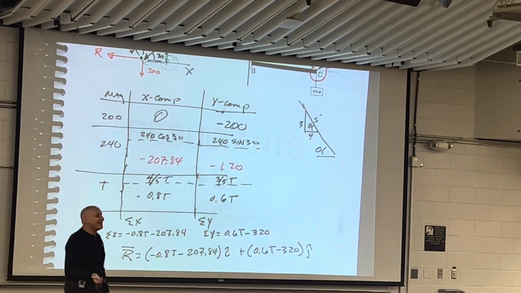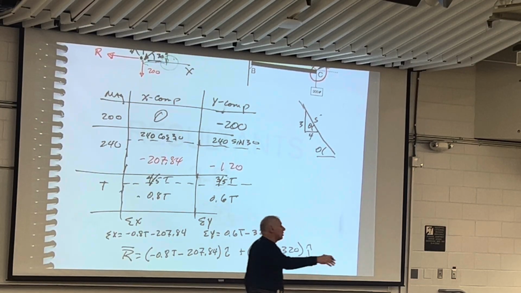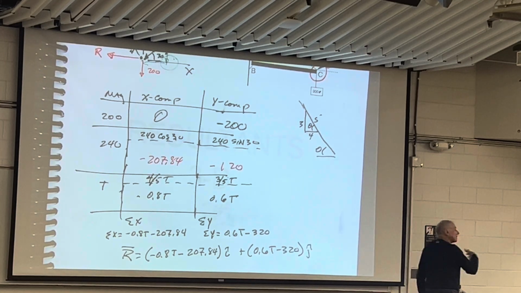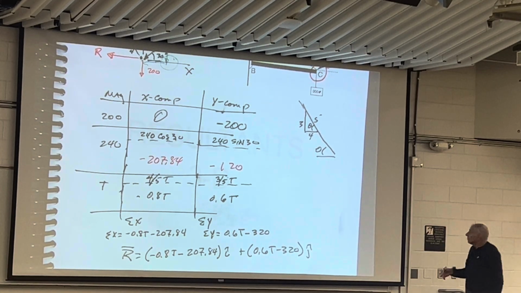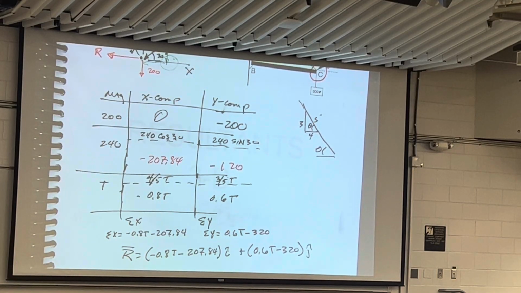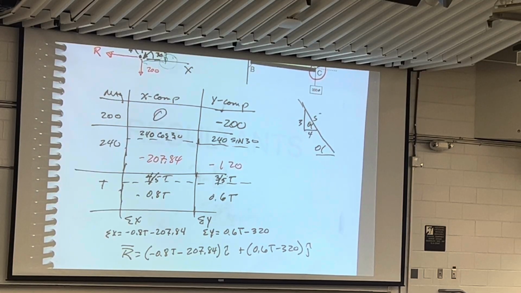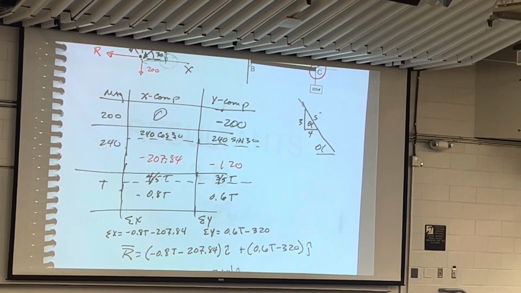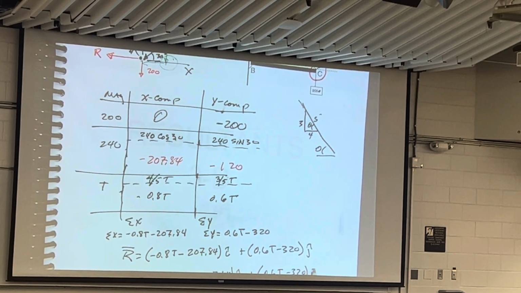What do I know about the resultant? The resultant has to be along the negative x direction. Right? So there is some force resultant, negative i, with no j component, that must equal (minus 0.8T minus 207.84)i plus (0.6T minus 320)j.